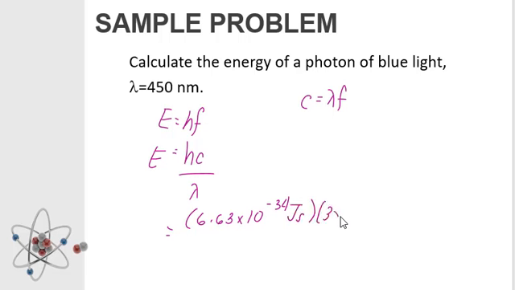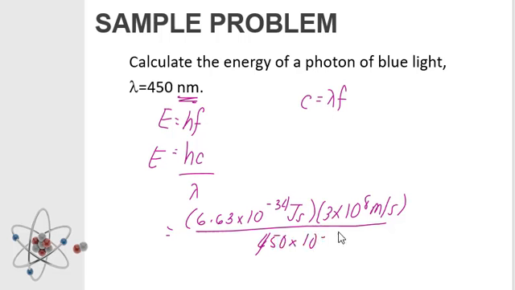C is 3 times 10 to the 8 meters per second. And then our lambda, take note it's in nanometers, so we have to be consistent with the units since joule is Newton meter or kilogram meter per second squared. So we have to convert this to meters, and that is 450 times 10 to negative 9 meters.